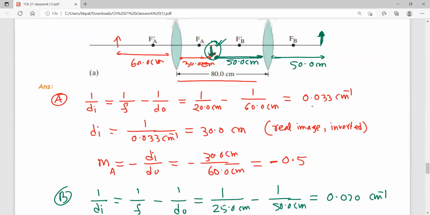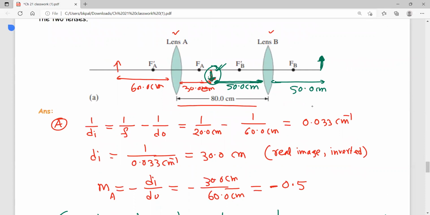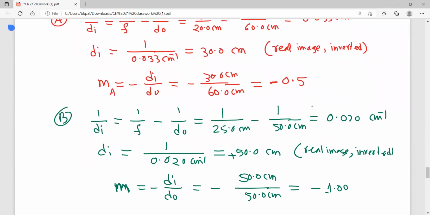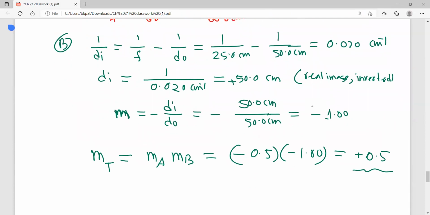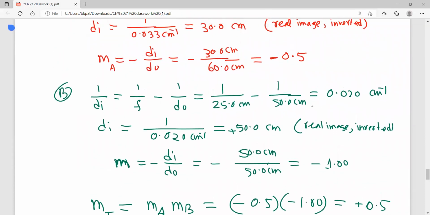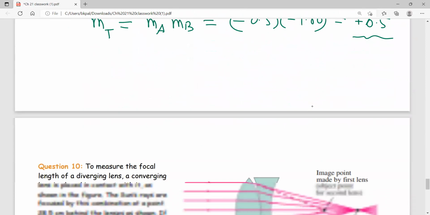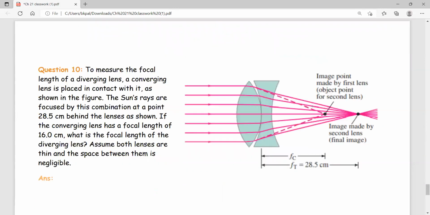Although this is inverted with respect to this one, the original object and the final image are both upright. The positive sign tells us that the final image will be upright. That's it for this double convex lens combination. Now we have the same thing.